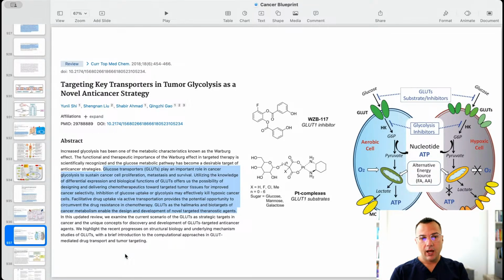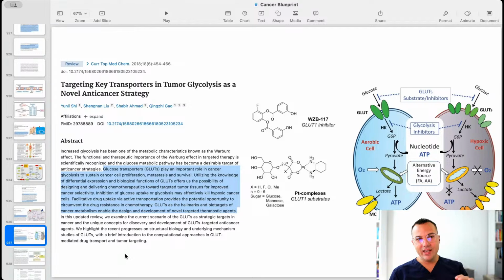And I'm not sure if it's obvious to you guys, but it seems to me, at least subtly, that these researchers have not considered that a cancer patient would be on a ketogenic diet at all, right?